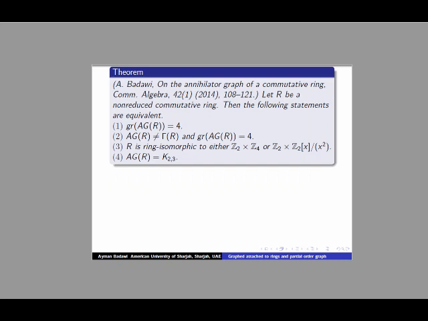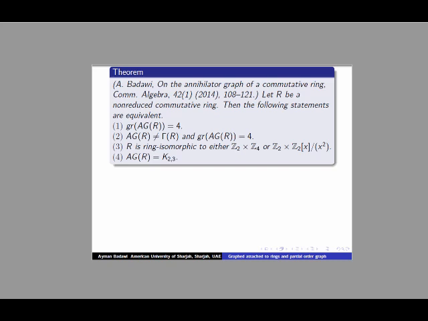For a non-reduced commutative ring, the following are equivalent. The girth is 4. Look at number 4. I know exactly how the graph looks like, 2, 3, complete. Let R be non-reduced.